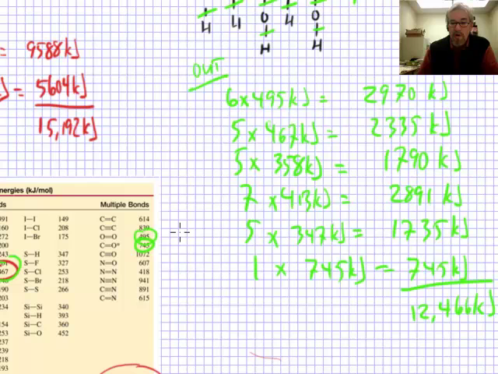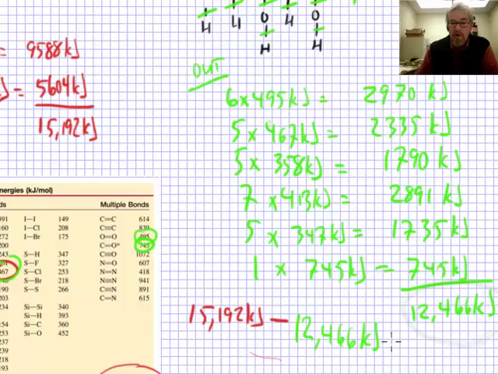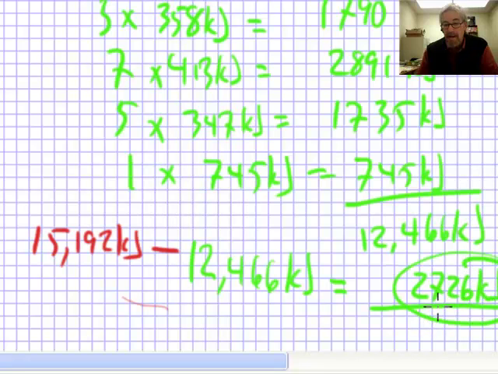So, all told, this is the story of this reaction. I'm putting in 15,192 kilojoules. I'm releasing or putting out of the system 12,466 kilojoules. Net result, 2,726 kilojoules. It's a positive number. More goes in than comes out.